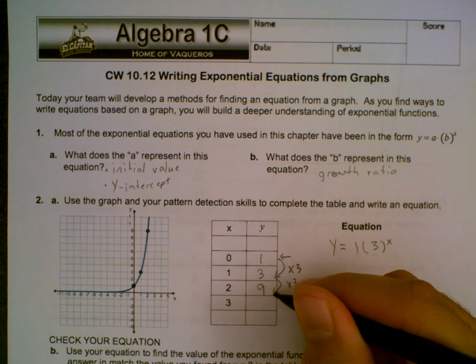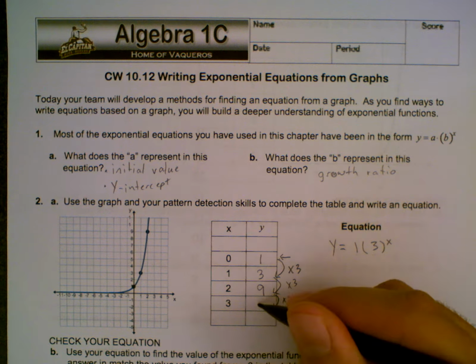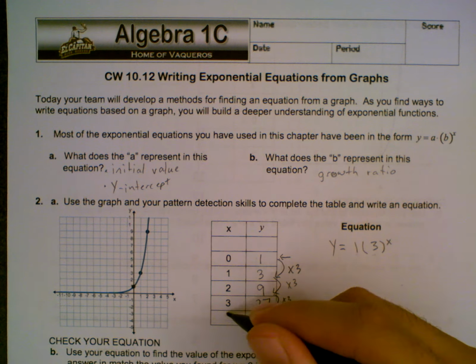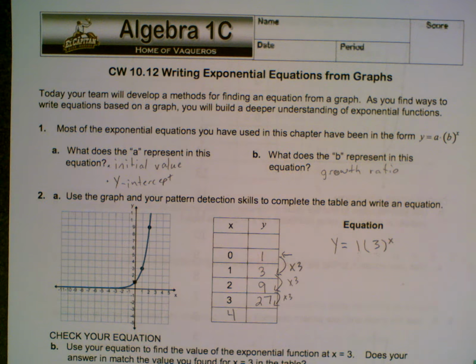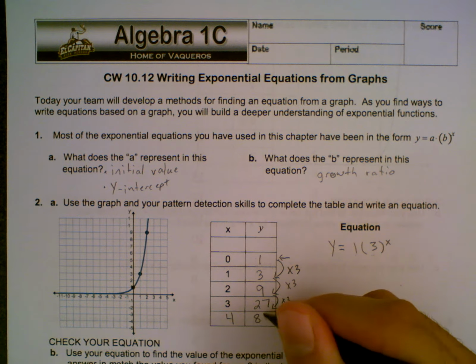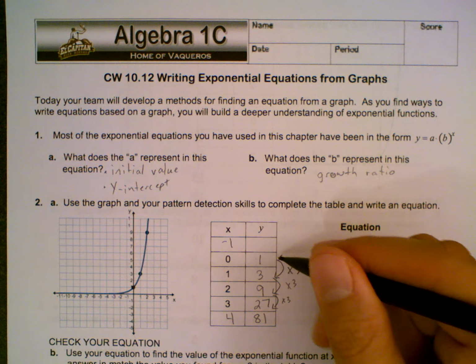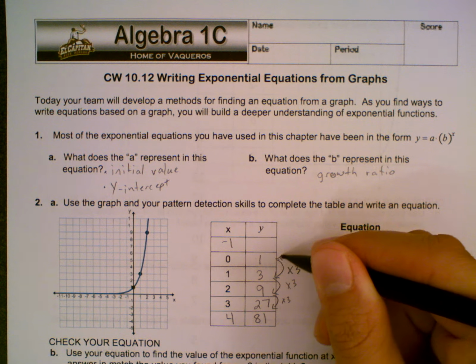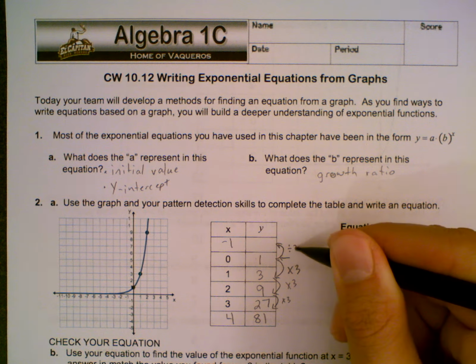So let's continue our table. 9 times 3 is going to be 27. And then if I keep filling out my table, 27 times 3, that equals 81. Perfect. And then we've got to go back 1 here, so -1. Remember, if we're going to go backwards, we're not going to times by 3, but rather divide by 3.